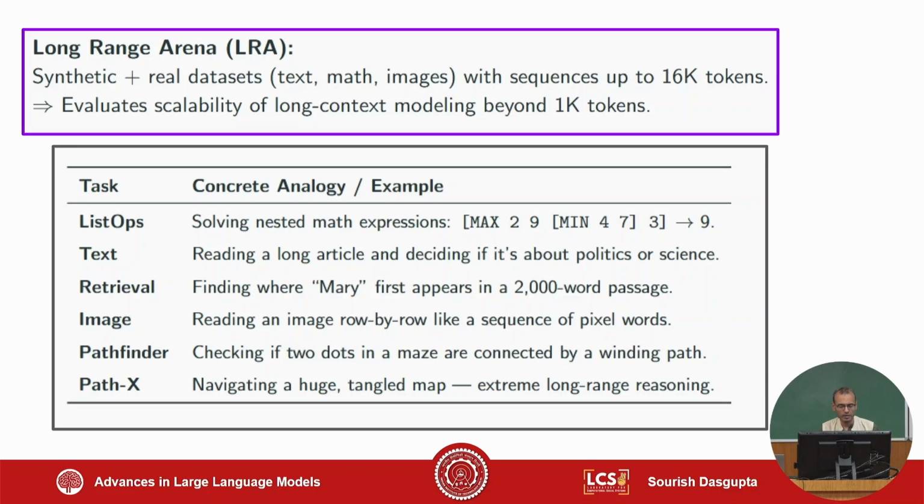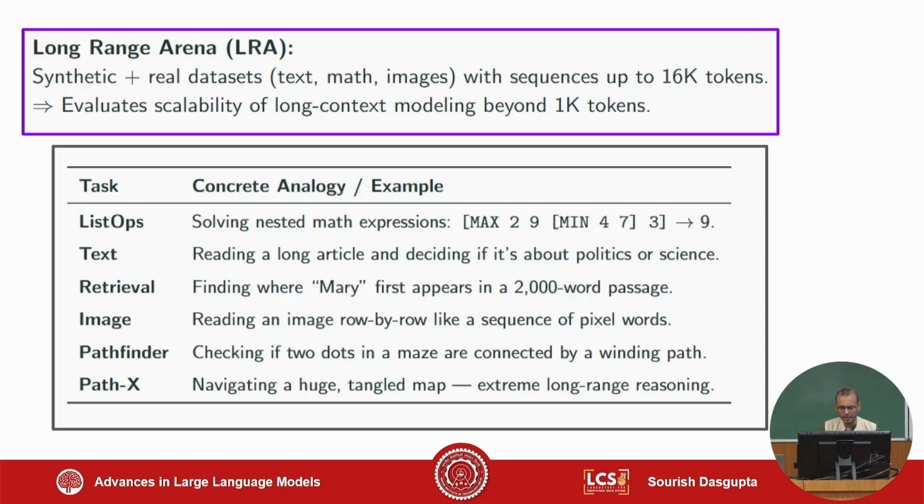For Image, they just flatten a particular image into a sequence of pixel, quote unquote, words or tokens, and then they try to do some sort of classification by reading over that entire sequence, row by row, right?